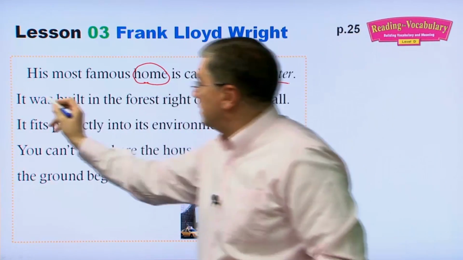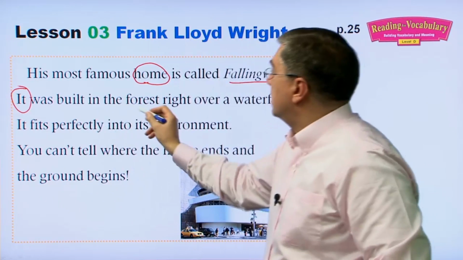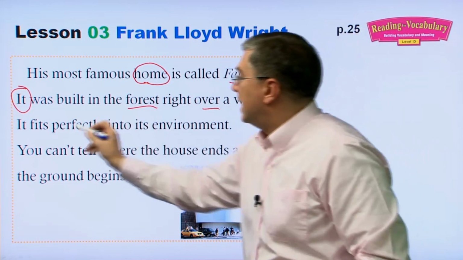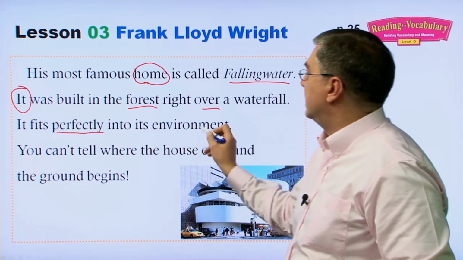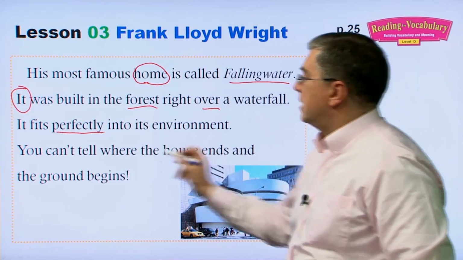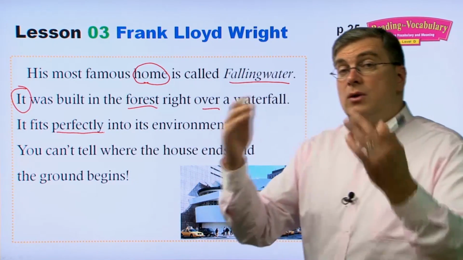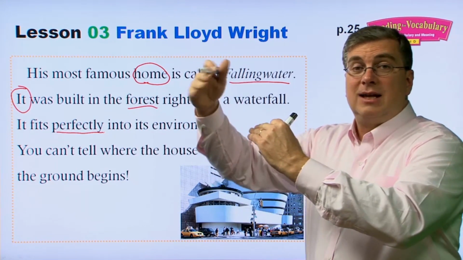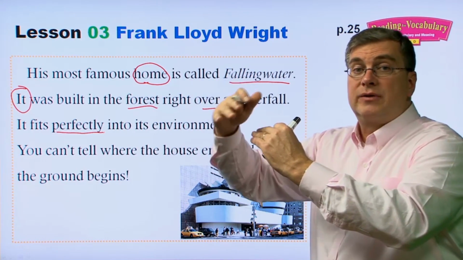But this house, the home, was built in the forest, right over a waterfall. Sounds cool. It fits perfectly into its environment. You can't tell where the house ends and the ground begins. So if you look at the house, it's very hard to see where the ground, the dirt ends, and the man-made structure, the house, begins.